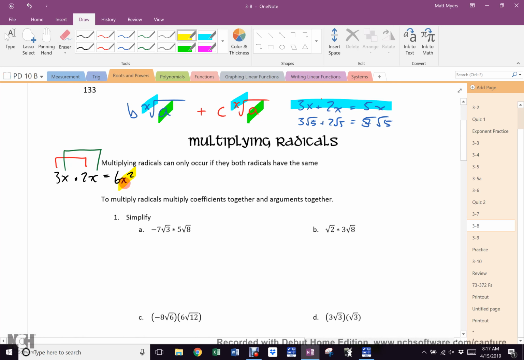They're the same base, right? If I had 3x times 2y, what would the answer be? 6xy. Yeah? Okay. So putting all that together, we know that if we're going to multiply variables, if they're the same, we can do it no problem. If they're different, we can't. There's nothing we can do but list them.